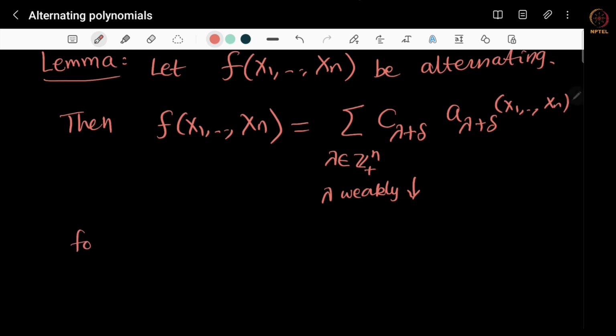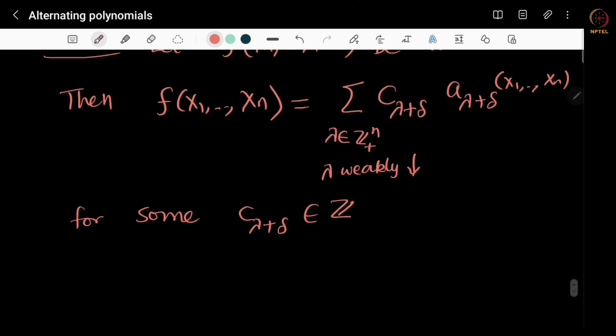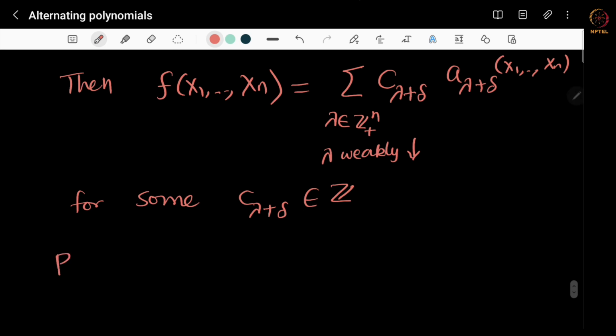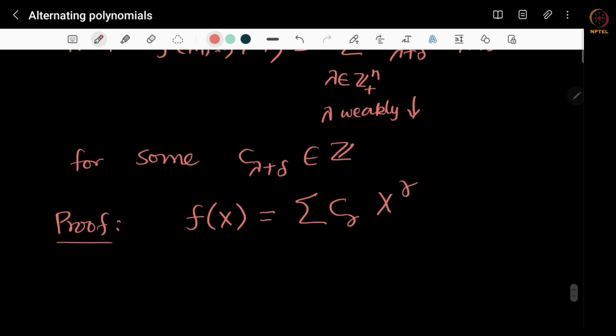Then f of x1, x2, ..., xn can be written as a linear combination of the alternants a_{lambda plus delta}, where lambda is weakly decreasing.